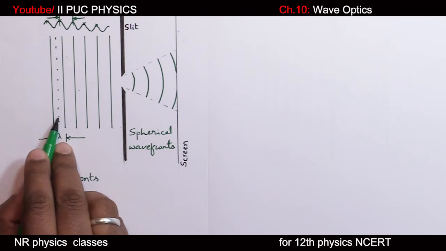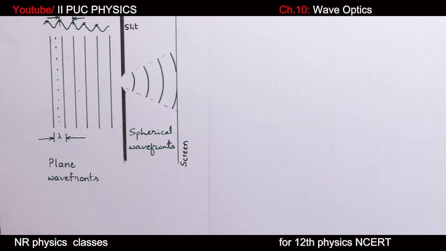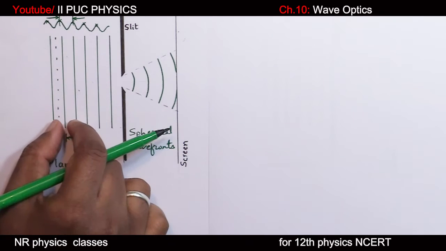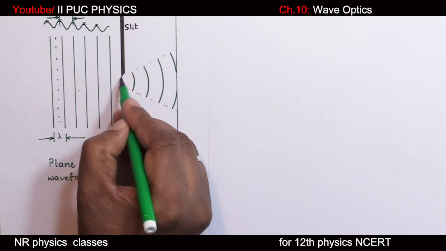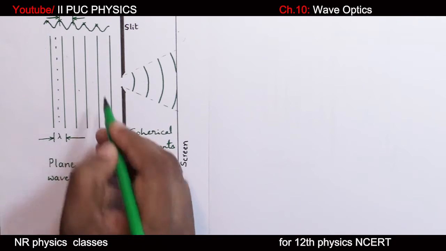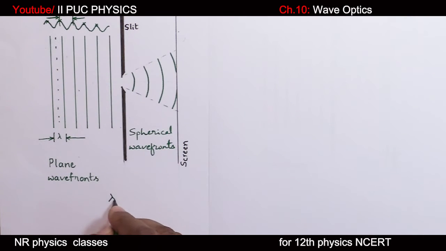If it is smooth and dotted line, it is lambda by 2. Fine. Now observe the wavelength and observe the slit width. So slit width is comparable to wavelength. So lambda is comparable to slit width. D stands for slit width. Okay.